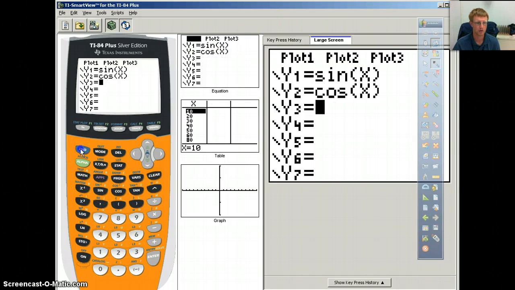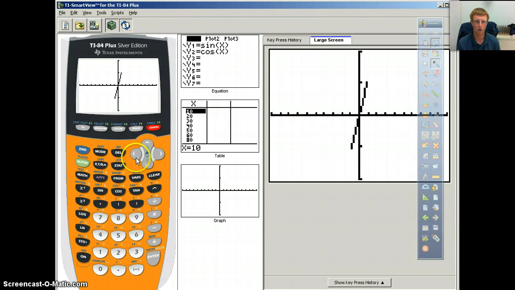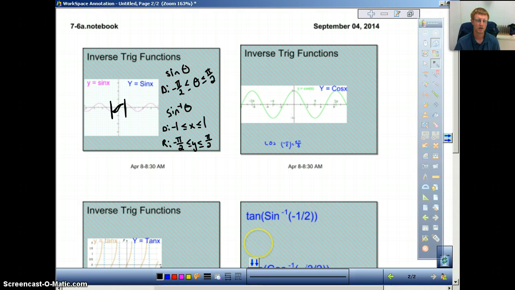So let's put in inverse sine of x. And what you will see, even though it's really hard to see because of how big our graph is, is a sideways sine graph, but only defined between negative pi over 2 and positive pi over 2. Okay? And we can look at this a little bit more while we're in class. Again, don't look too much into this, but this is how it's defined.